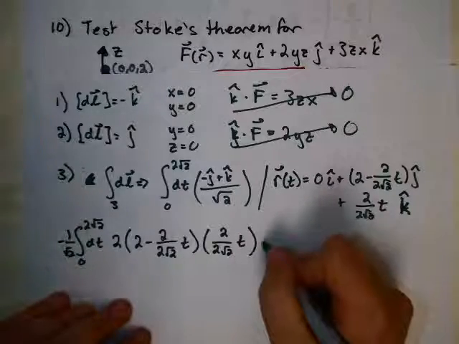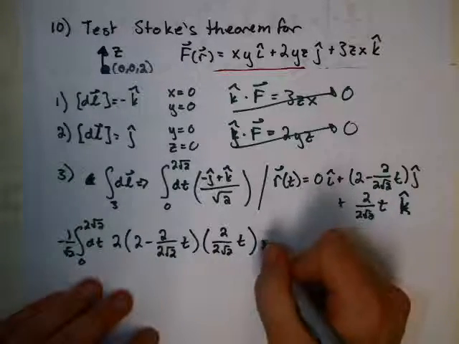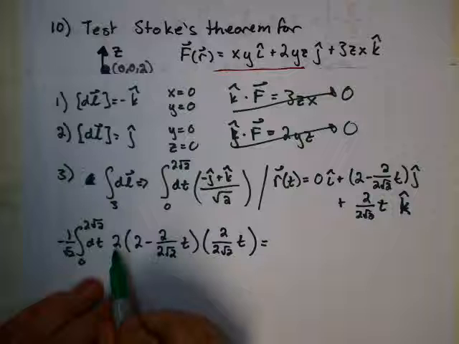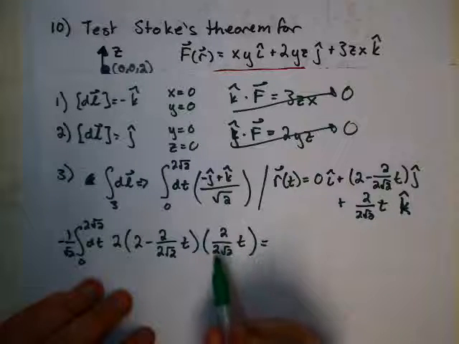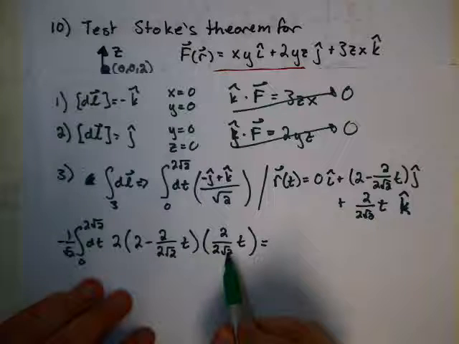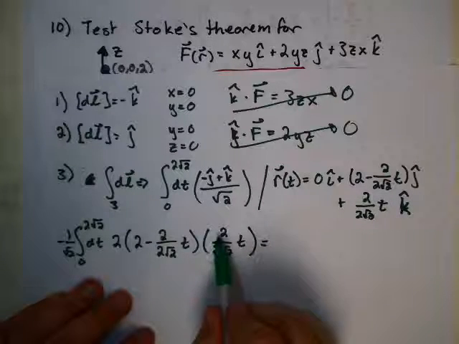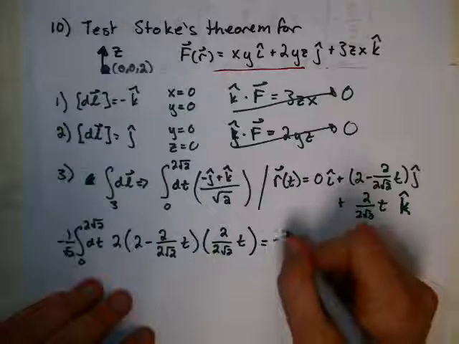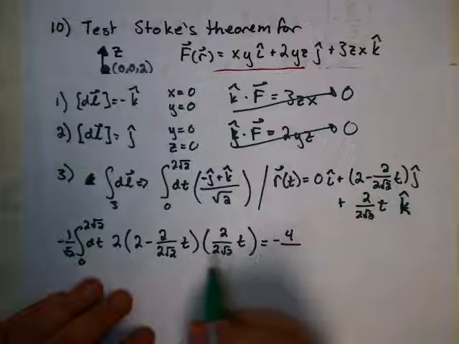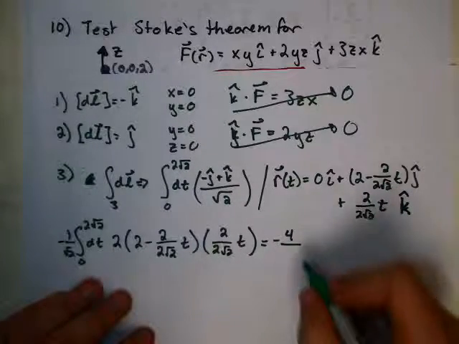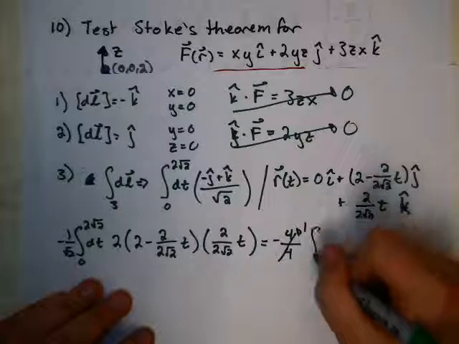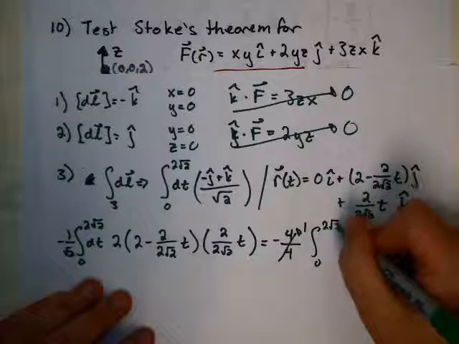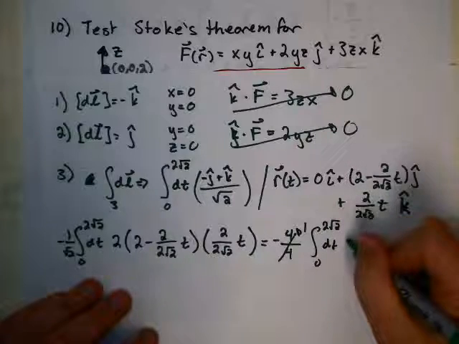And so I need to evaluate this integral. We can do a little bit of simplification. The 2 can come out, this 2 can come out, and this 2√2 can come out. They multiply everything. 2 times 2 is 4, so I'm going to get minus 4 on top, and 2√2 times √2 is 4, so I'm going to get 4 on the bottom, which is just 1. Integral 0 to 2√2 dt.